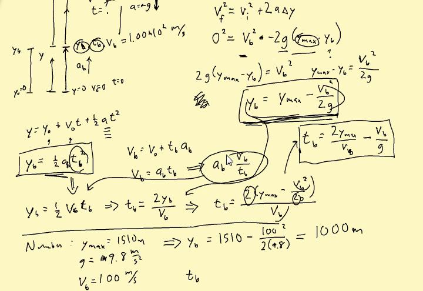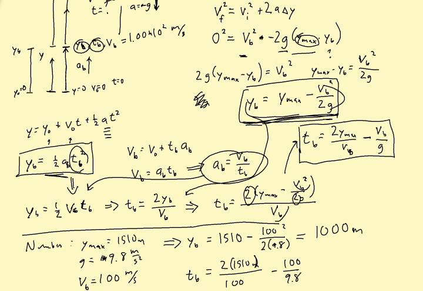And then tb, let's see if we get this right, is 2 times y max, 1,510 meters, and you can leave the units in or not as you choose, over v at burnout, which is 100, minus v at burnout, 100, over 9.8.